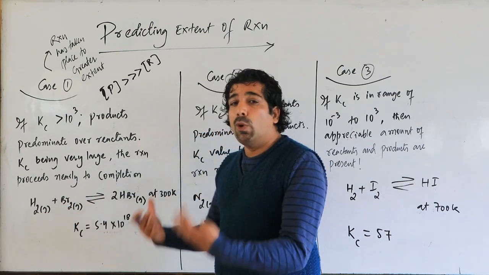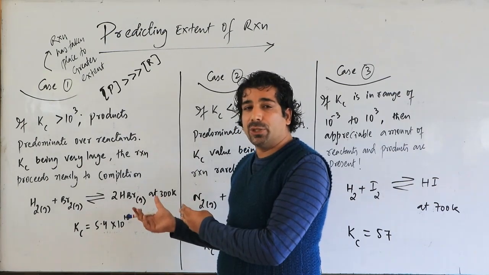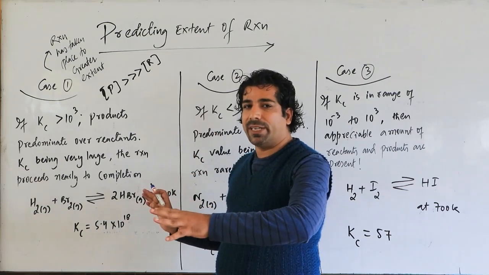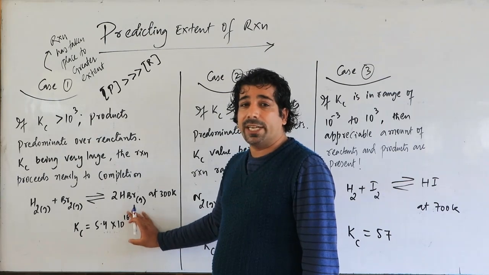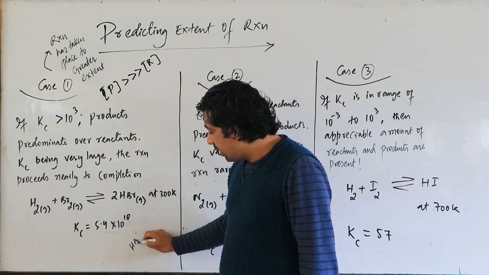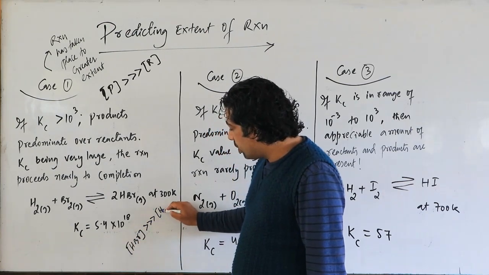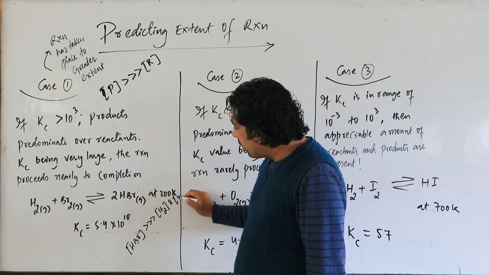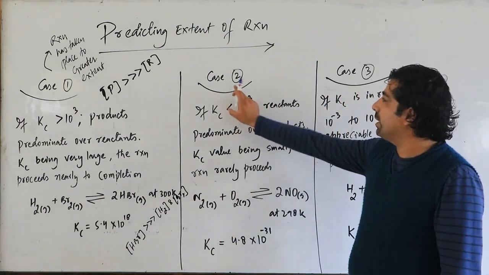Most of the H2 and Br2 have reacted and already changed into HBr, and finally at the end equilibrium has been reached, my dear friends. So here the products predominate over the reactants, and the reaction has taken place to a large extent. In simple terminology, the molar concentration of HBr will be far greater than the molar concentration of H2 and the molar concentration of Br2. Correct?